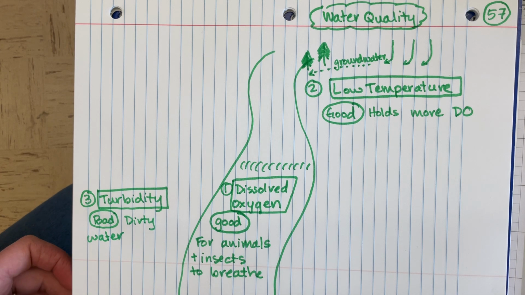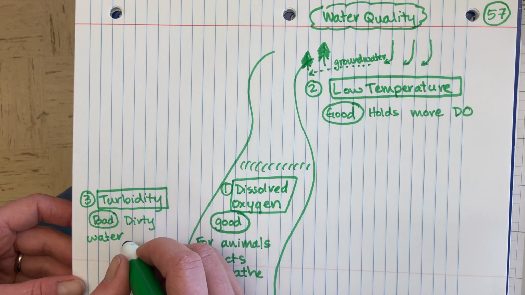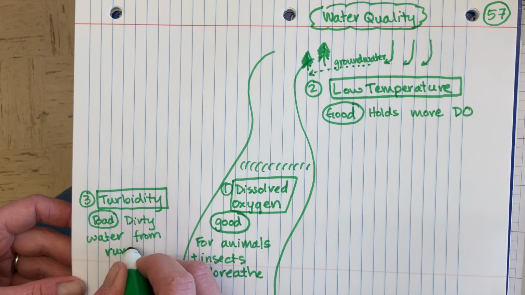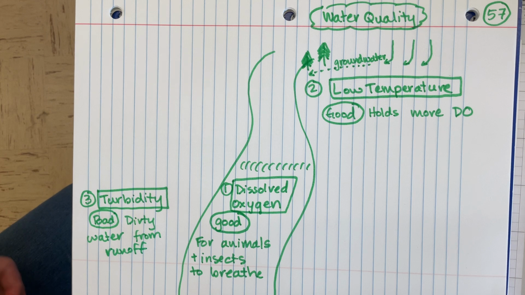And one of the things that makes more turbidity is runoff. So we'll say from runoff. And of course, the plants that live in the water don't like turbidity because that makes it hard for them to get the sunlight. And the animals that live there can't breathe as well. Turbidity actually raises the temperature too because it makes the creeks and rivers darker and absorb more sunlight. So turbidity is not good for water quality.